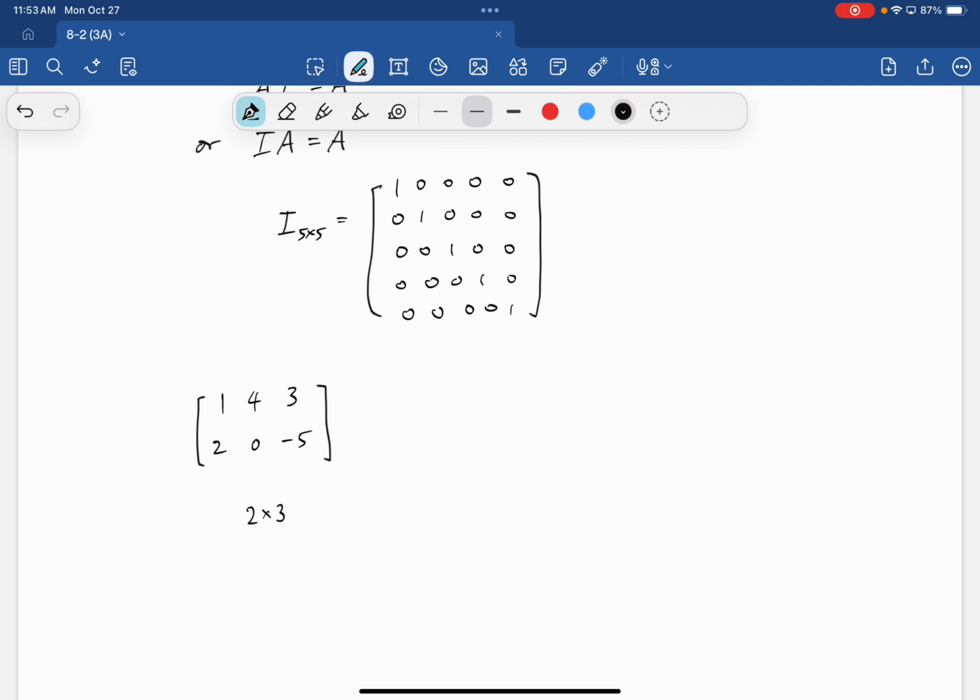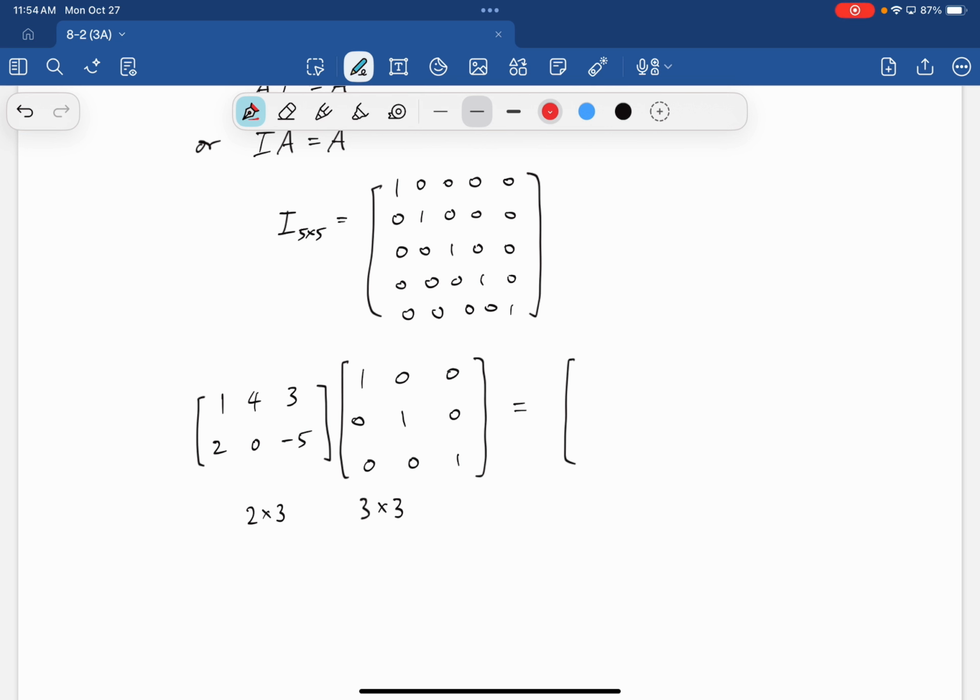And so, if I were to multiply it by the 3 by 3 identity matrix, okay, the identity matrix is always square. You can confirm that by some basic logic. So if I were to multiply this by the 3 by 3 identity matrix, then I would get the same exact matrix as the product. Okay? You can confirm this, all right?